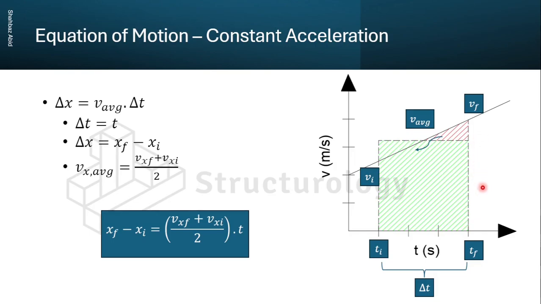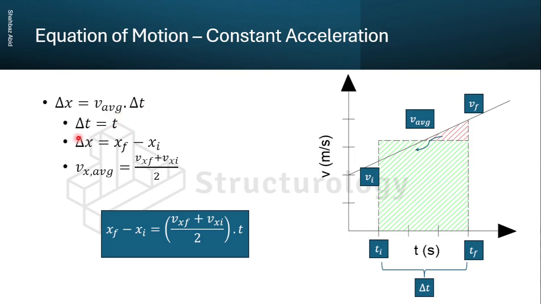The height of this rectangle area is going to basically be the average velocity, because it is in the middle of the final velocity and the initial velocity, and its length is going to be delta t. So the area of this green shaded region is going to be displacement, which is going to be now equal to average velocity times delta t.